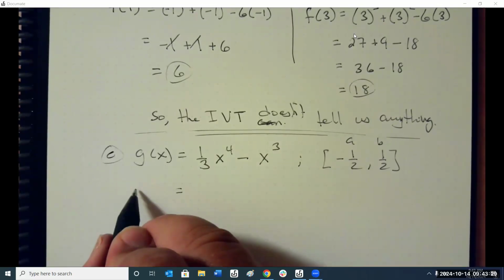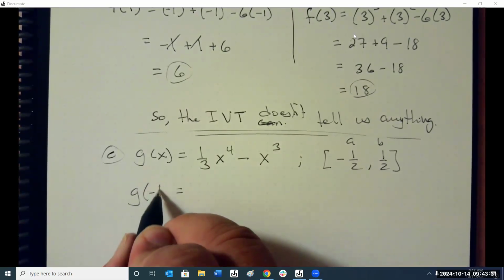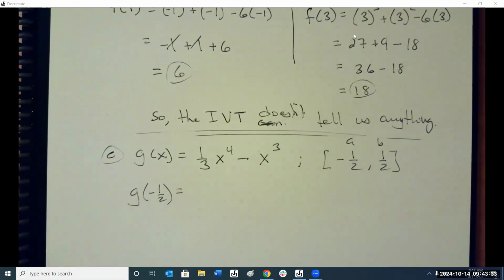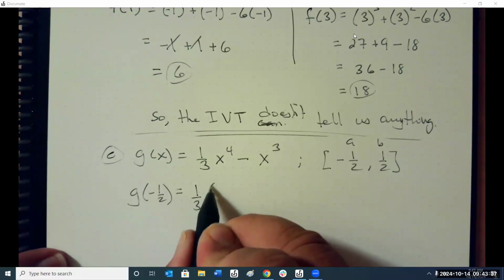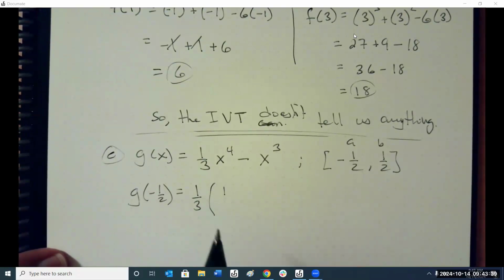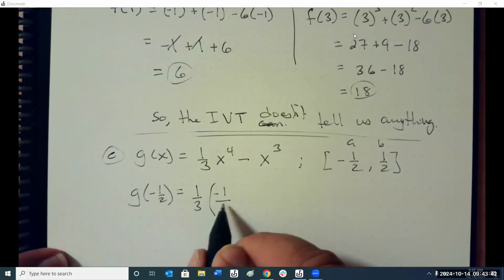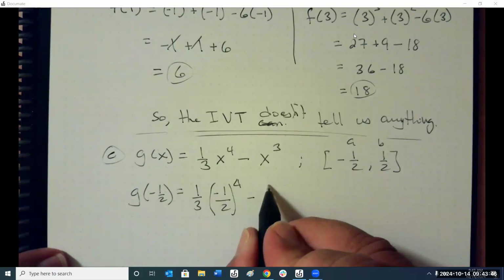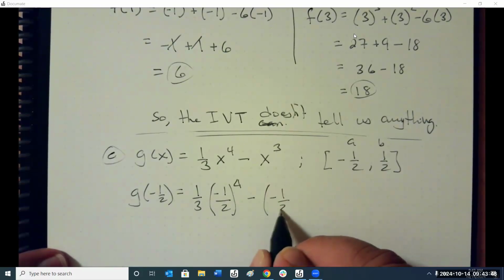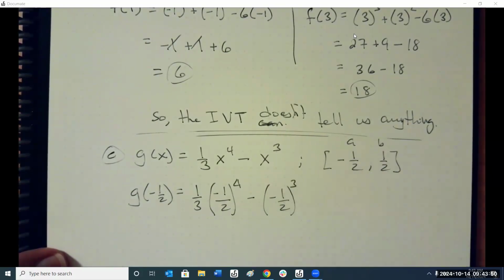Plug in A. Let's do g of -1/2. 1/3 times -1/2 to the fourth minus -1/2 to the cubed.